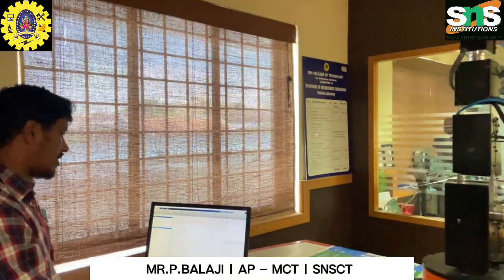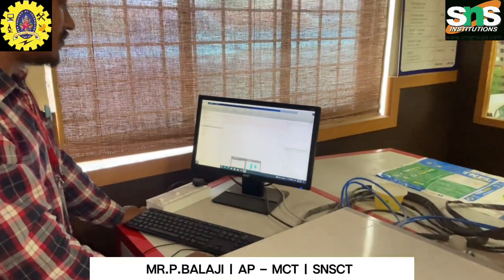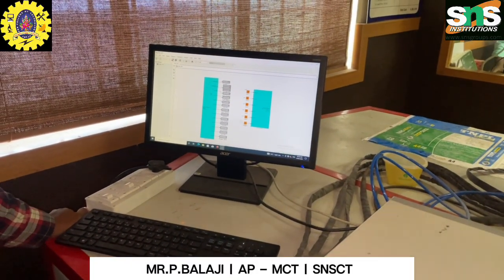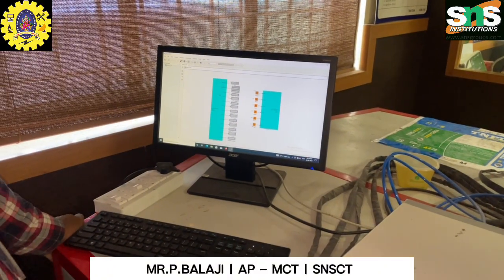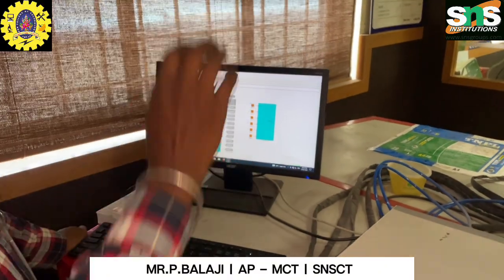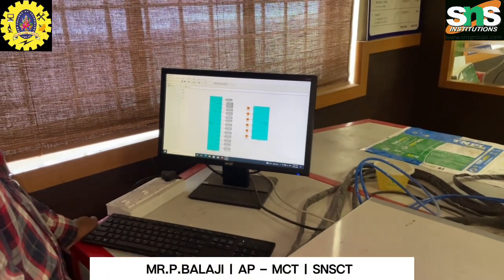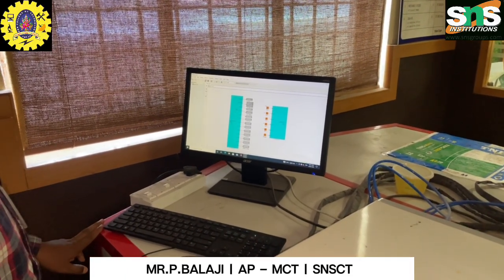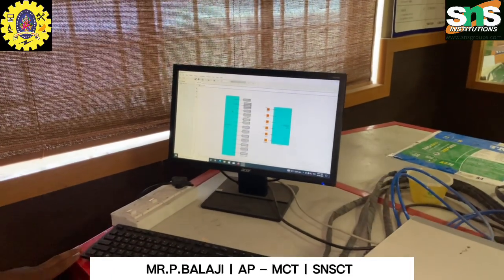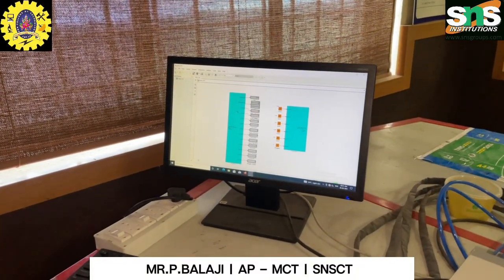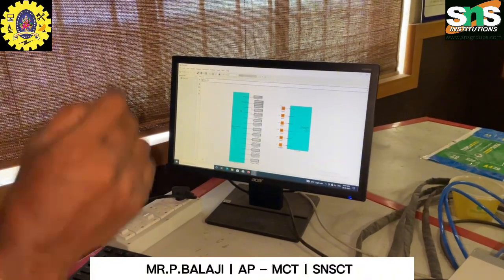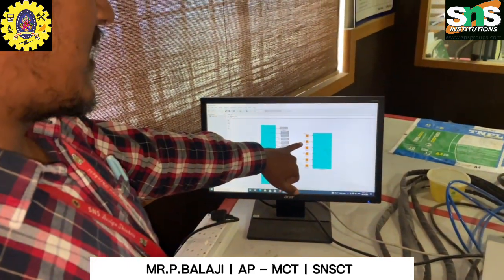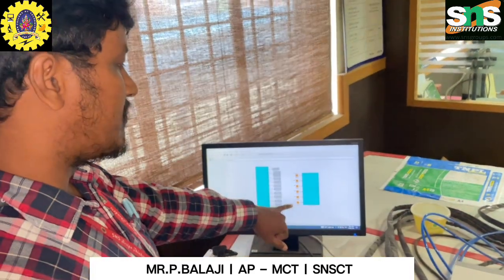In the MATLAB application, if you open it now, we have a window available. Using these input parameters, we can control the entire sections. Initially, we have a MATLAB application, the Robot GUI, where we can control every axis: the first axis, second axis, third axis, fourth axis, fifth axis, and gripper.